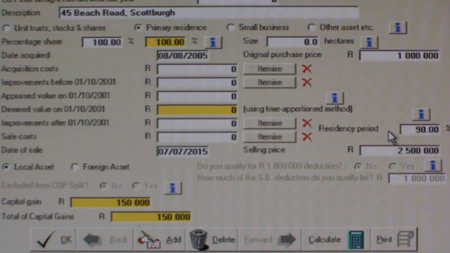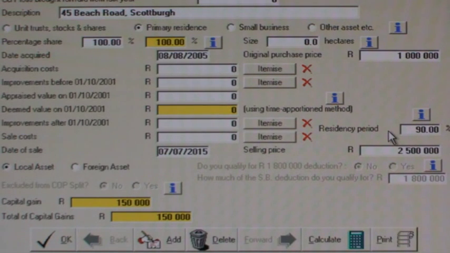What happened in this particular case is that we rented out 10% of the house and we had residents of 90% of the house. Maybe we even rented out 10% of our house to our private business while we lived in the other 90% of the property. Anyway, you can see here that our gain amount is the 10% of our 1.5 million profit, so our amount for capital gain is 150,000 rand.